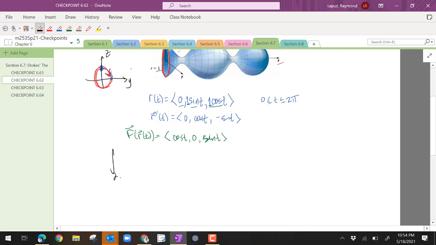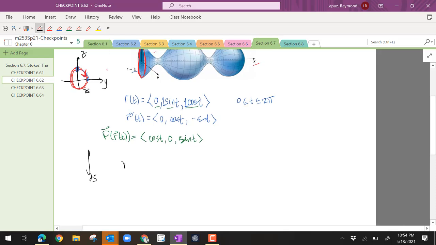All right, now our line integral. This is the boundary that we're looking at. The integral over the boundary of the vector field F dotted with dr will look like the integral from 0 to 2 pi of this vector field evaluated at the parameterization, dotted with r prime.